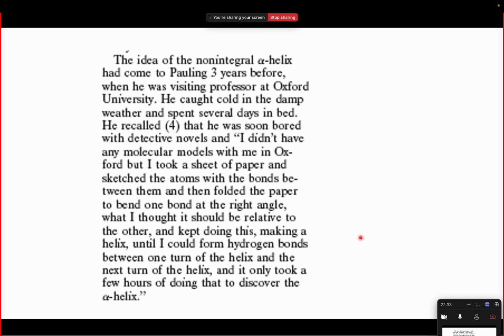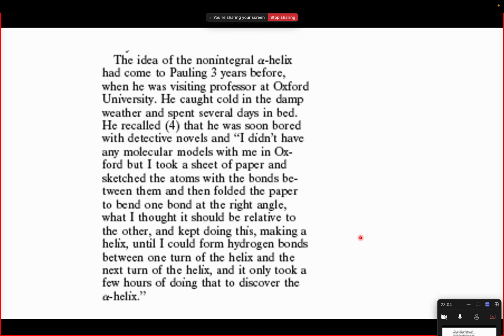The idea of the non-integral alpha helix had come to Pauling 3 years before when he was visiting professor at Oxford University. He got cold in the damp weather and spent several days in bed. He recalled that he was soon bored with detective novels and, "I didn't have any molecular model with me in Oxford, but I took a sheet of paper and sketched the atoms with the bonds between them and then folded the paper to bend one bond at the right angle.